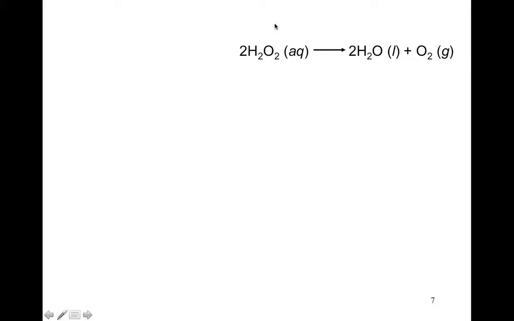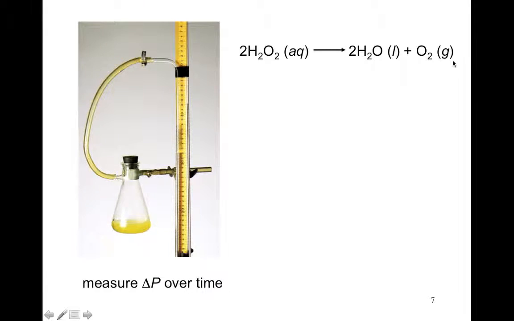So here's another reaction. Looks like we have hydrogen peroxide decomposing to water and oxygen. And this graph's going to be a little bit trickier, but they're measuring a change in pressure over time. As that hydrogen peroxide decomposes, it releases oxygen gas, and the more oxygen gas that it releases, the more pressure that we have. So we're going to do a little deriving of some equations here, but we start with the ideal gas law, PV equals nRT.